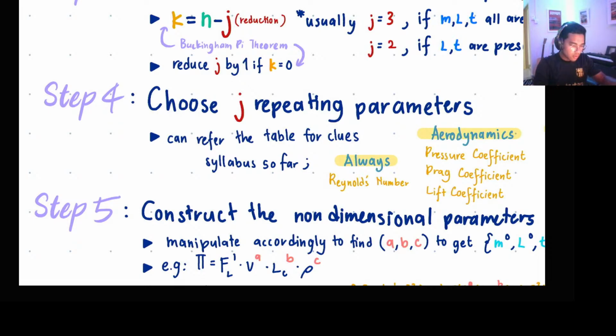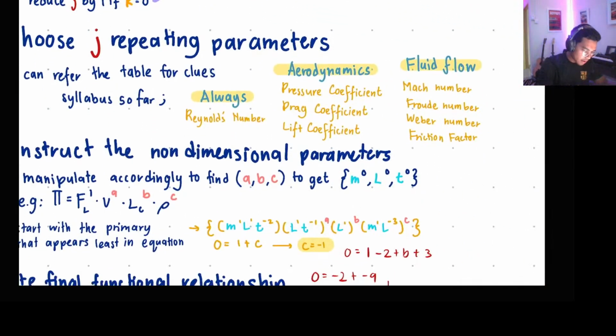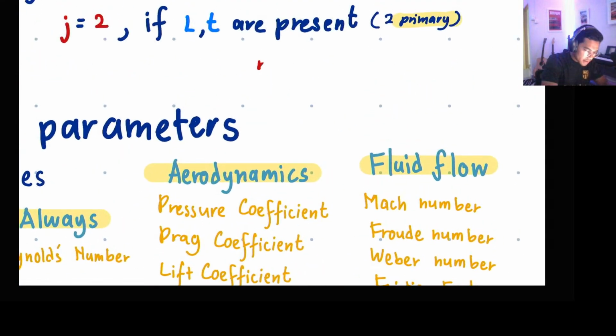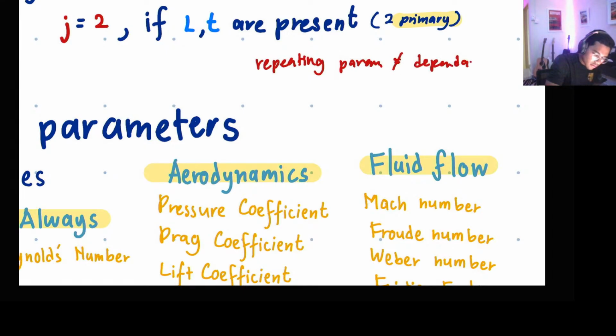So, what I can conclude from there is, firstly, the repeating parameters cannot be equal to the dependent parameter. That's number one.